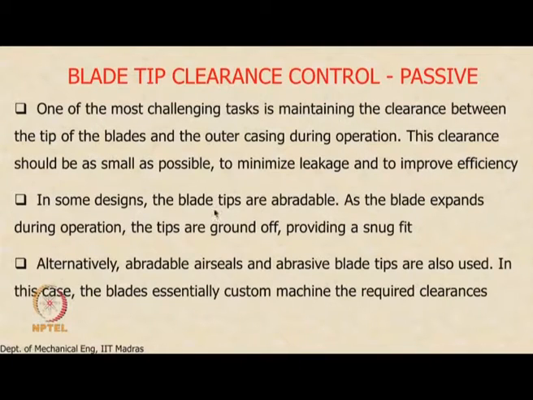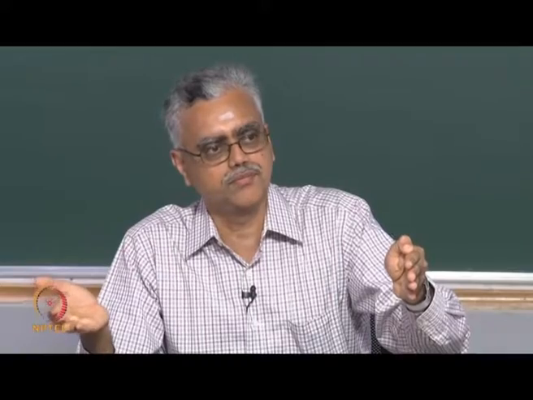What is normally done is in certain designs, the blade tips are actually abradable, and remember, the cold end is at a temperature, let us say at sea level, of 300 Kelvin. The hot end is going to be at a much higher temperature.